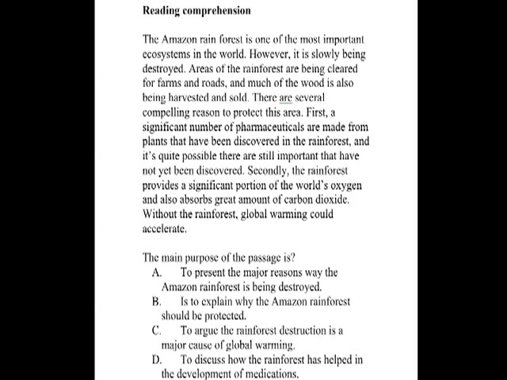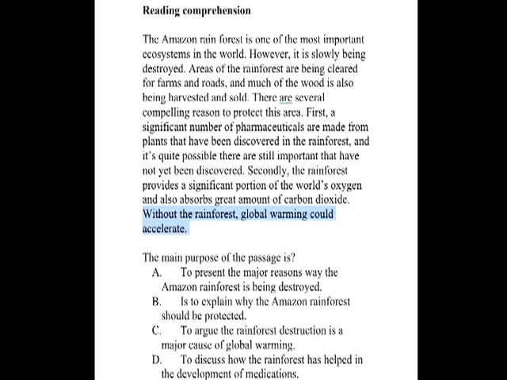Let's go on to the rest of the options just to make sure. C says, to argue the rainforest destruction is a major cause of global warming. Even though it is mentioned briefly that without the rainforest, global warming will accelerate, this is not a major part of the passage and is not our main purpose, as it's only mentioned once.